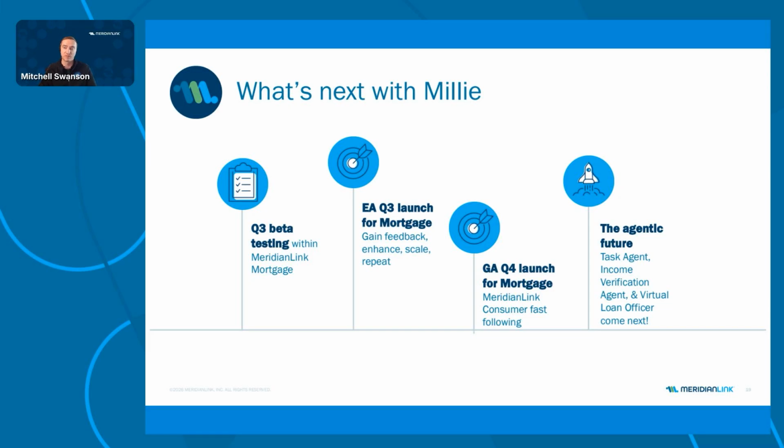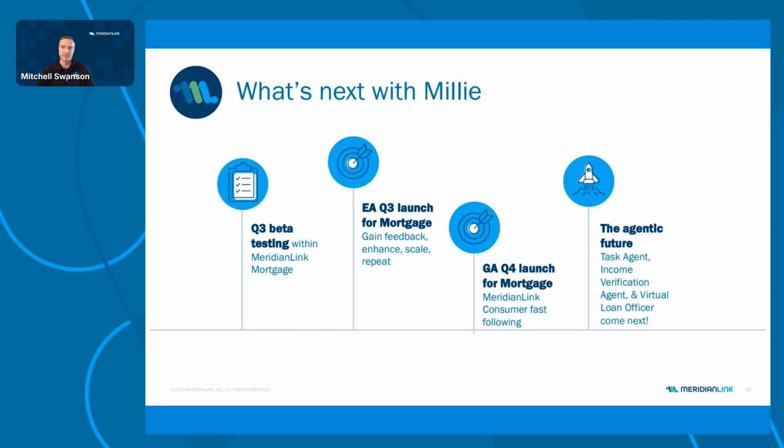And then shortly thereafter, we're going to take that into production with an early access, once again, a select group of lenders that are going to be working very closely with myself, giving feedback as to what they like, they don't like, fixing any bugs that may or may not arise, but really dialing it in to make sure that the product is as clean and as viable as possible so that in Q4 we can announce it for everybody to consume.